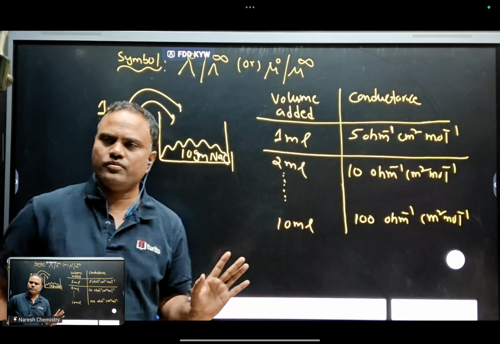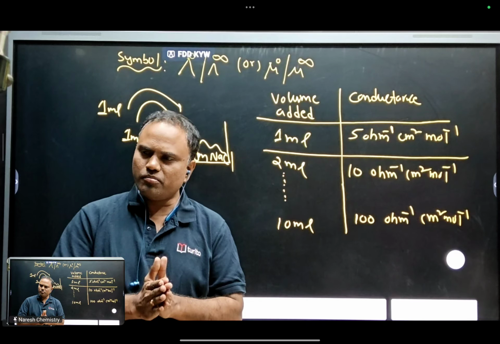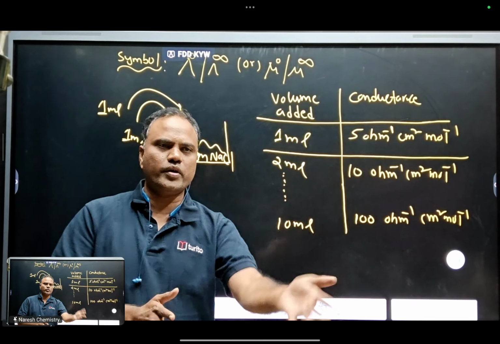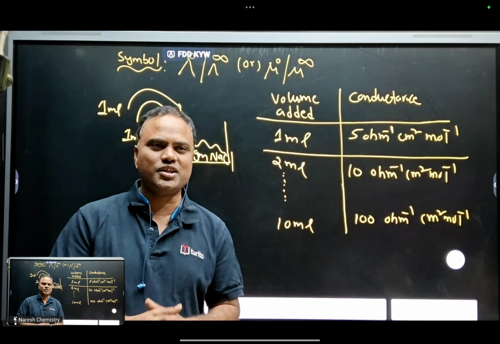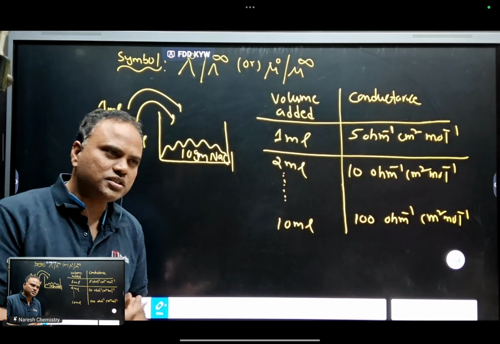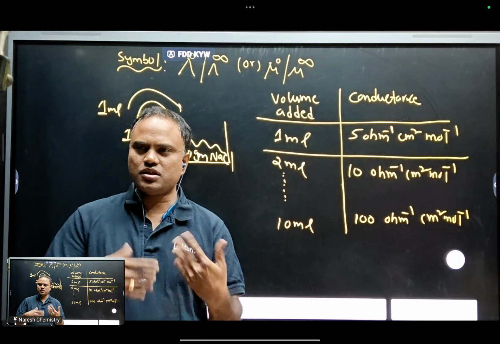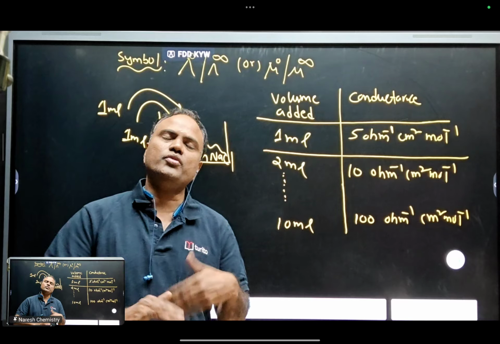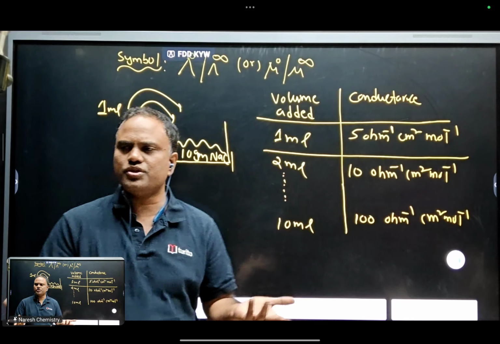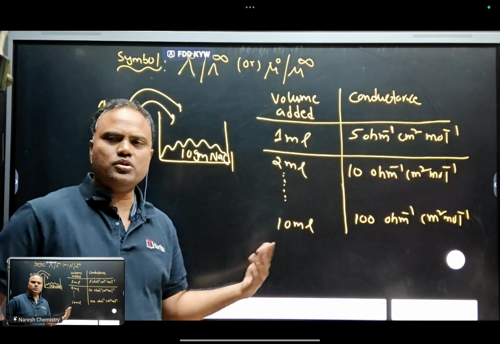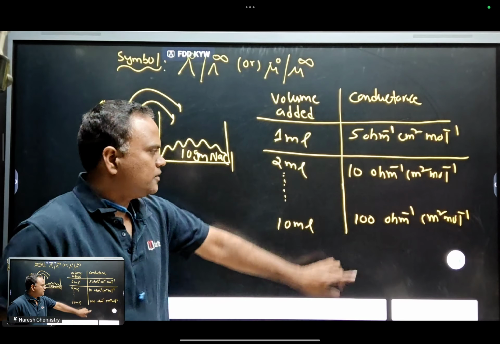For 1 ml, 1 gram salt undergoes dissociation. For 2 ml, 2 gram salt, new ions will generate. For 10 ml, 10 gram salt undergoes dissociation. After that, is there any salt to undergo dissociation? No. All the salt underwent dissociation. So if you add more water, 11 ml, 12 ml, 50 ml, 100 ml, nothing will happen.